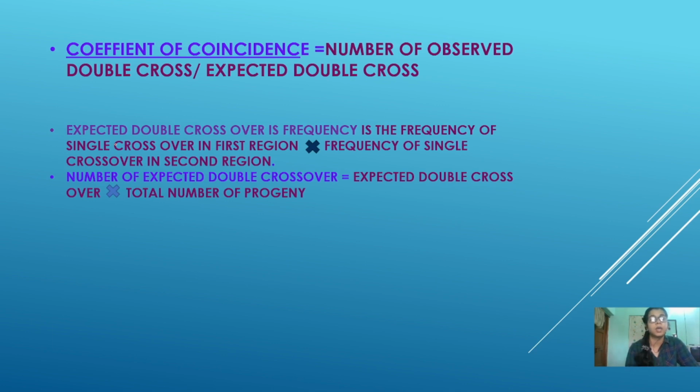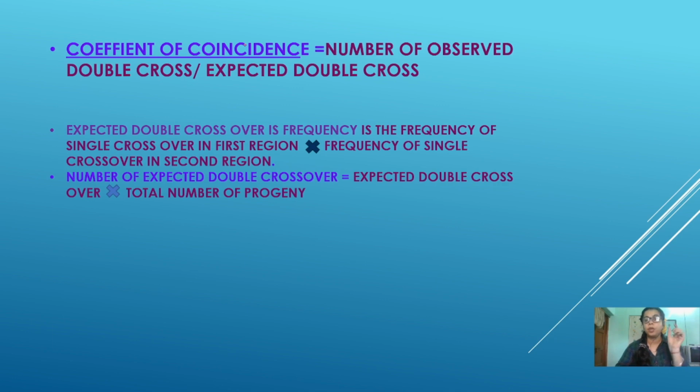How to calculate this expected double cross is a very simple formula. First we need to calculate the frequency of the expected double cross. That is the frequency of single crossover in the first region times the frequency of single crossover in the second region. Then you can calculate the number of expected double cross by multiplying the expected double cross frequency by the total number of progeny.